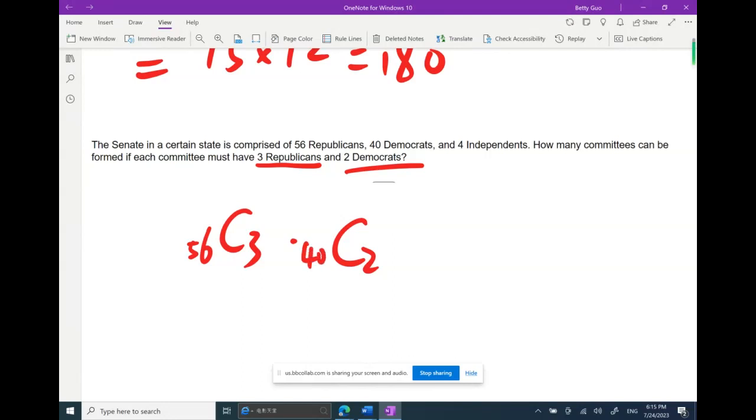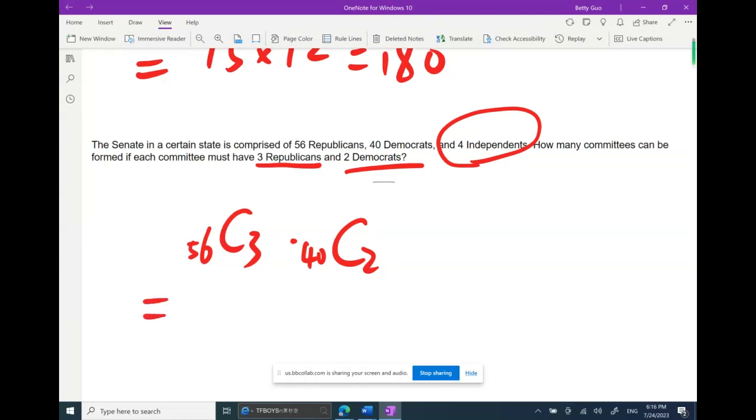We are provided with multiple numbers here, so we need to be very careful. The total number of Republicans is 56. We choose 3 from the 56 Republicans. And the total number of Democrats is 40, so choose 2 from the 40. This problem has nothing to do with the independents at all.